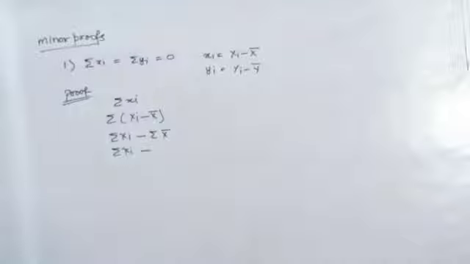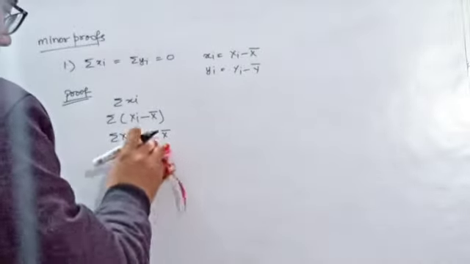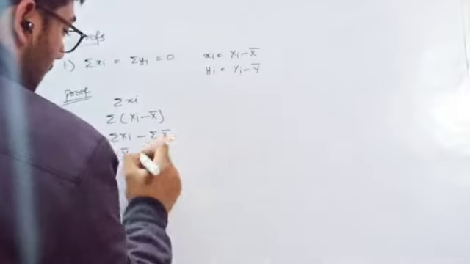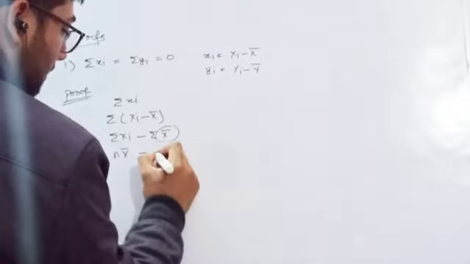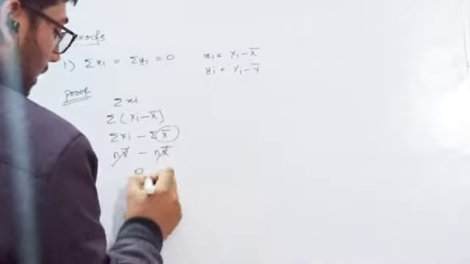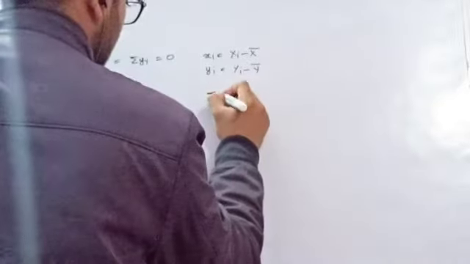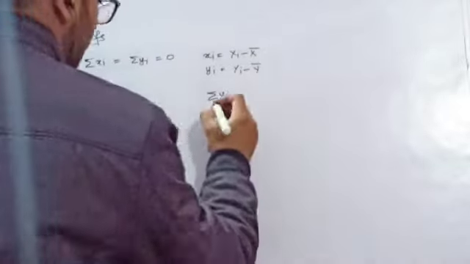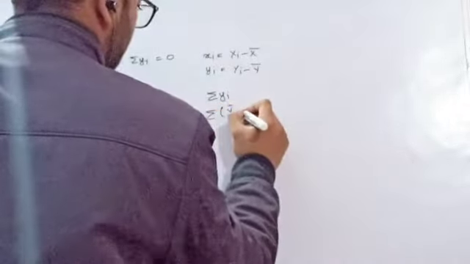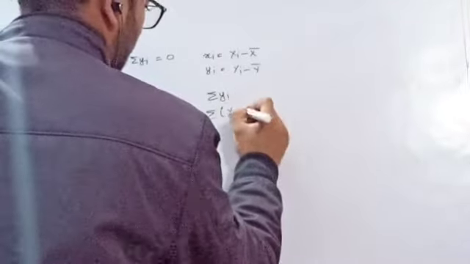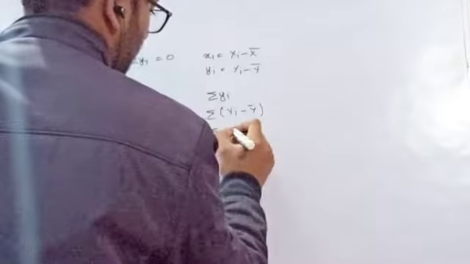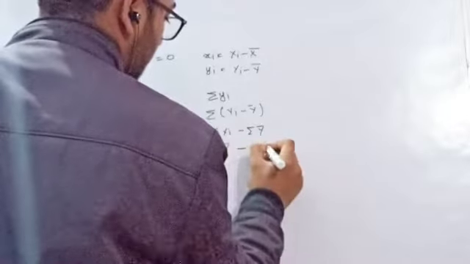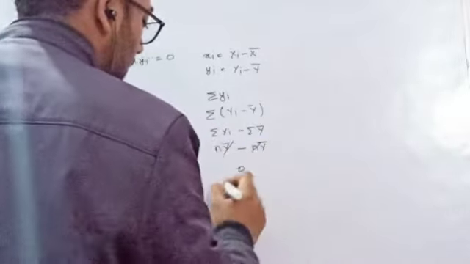We can write summation Xi as n x bar, and summation x bar is also n x bar, so it cancels and becomes 0. Similarly, summation small yi becomes 0. I will prove it for you: summation yi minus summation y bar, which is n y bar minus n y bar, which also becomes 0. So this is the first minor proof.